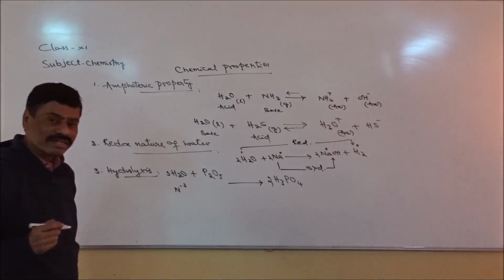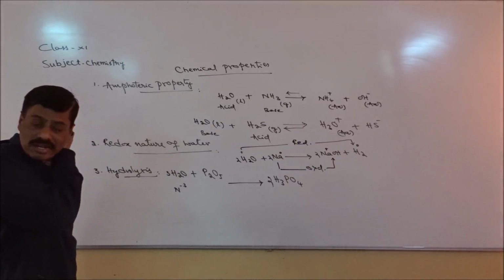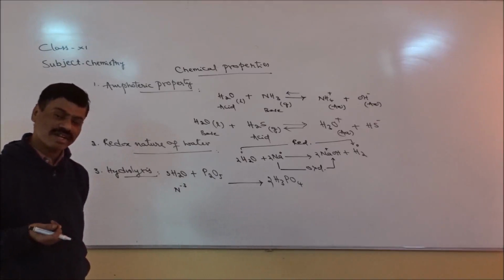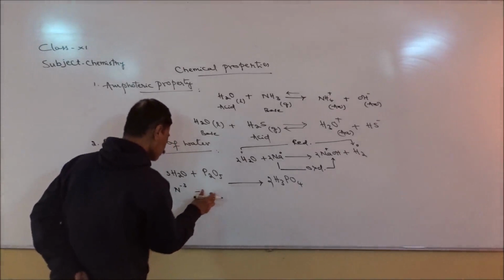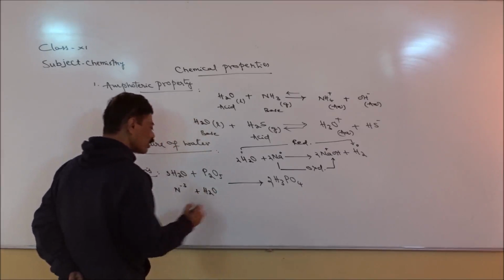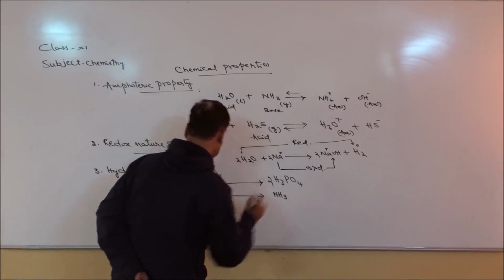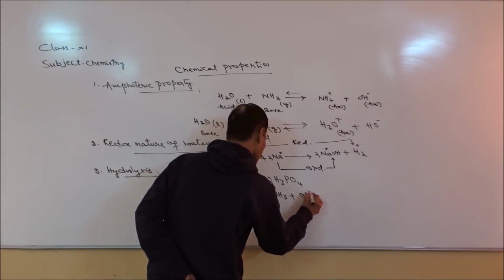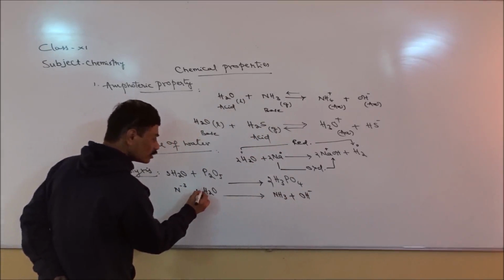When nitride radical, any substance which is capable of donating nitrogen in the form of anion, its oxidation number is -3. So we write 3 minus. When this reacts with water, it gives rise to NH3 and then hydroxyl ion, 4 hydrogen atoms. Here we have only 2, multiplied by 2.